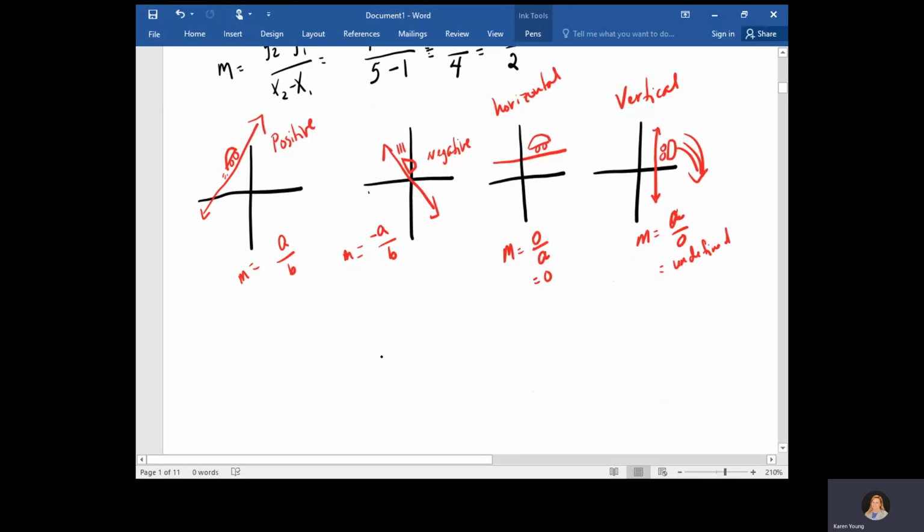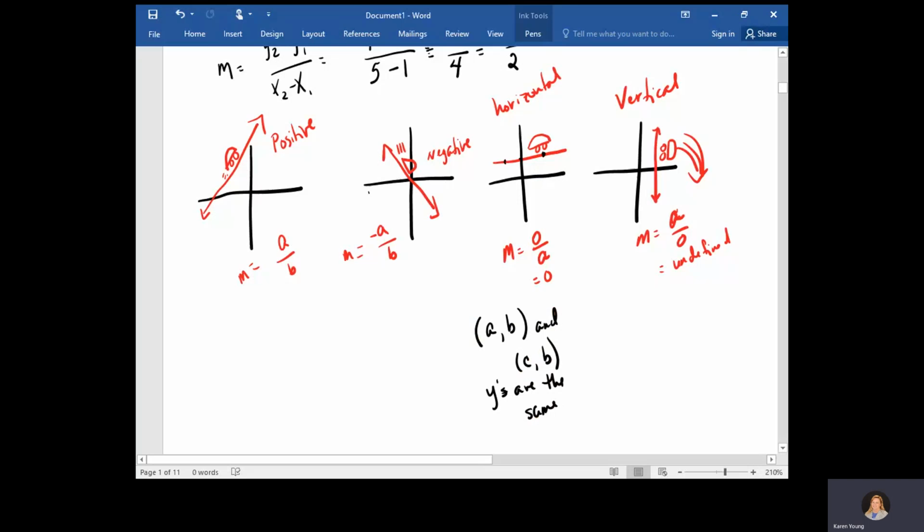Now, looking at just the horizontal and the vertical, on the horizontal, I can have point A and point B, and I'm going to have point C and point B. My y's are going to be the same. My x coordinate's going to be different, but my y coordinates are going to be the same because it's horizontal and it's crossing the y-axis at exactly the same place all the way across.